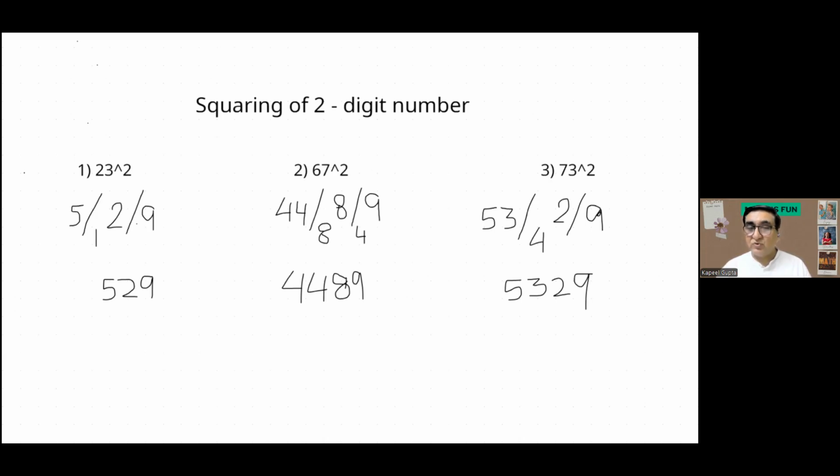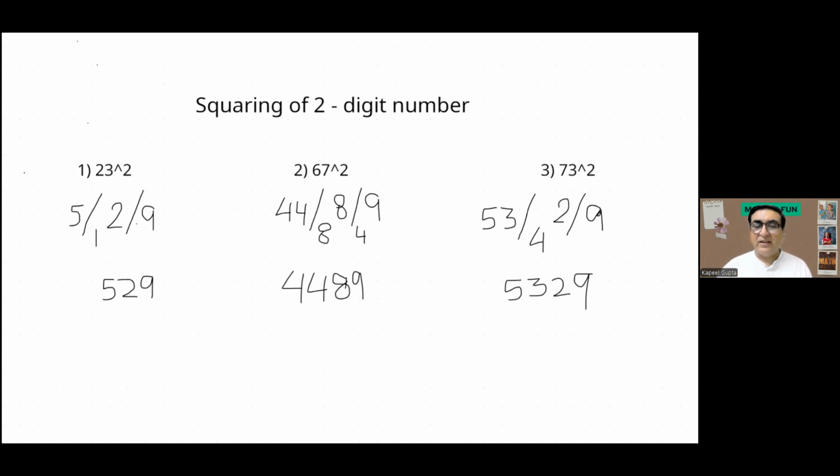So 21 times 2 becomes 42. I write 2 and 4 as the carry forward. Then I'll take this 7, and because it's a single digit, I'll square it. 7 squared is 49, and then I add the carry forward number and I get 53. So 5329 is my final answer, right?